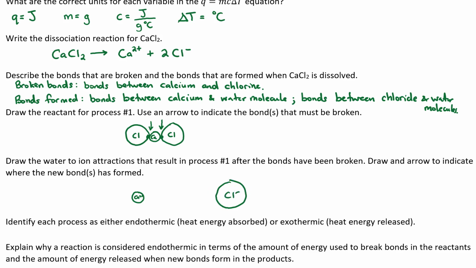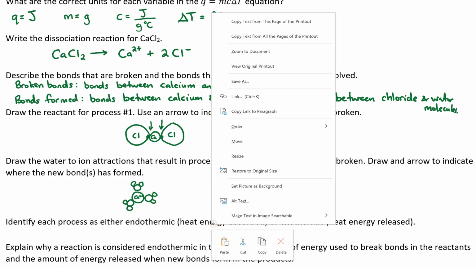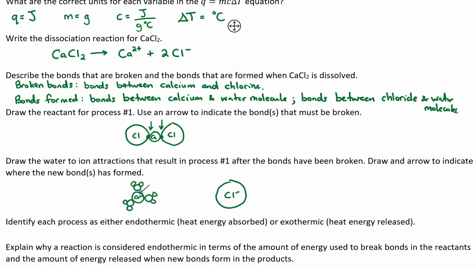Since calcium has a positive charge, we know the negative side of water, the oxygen side, will be facing the calcium ion. I'm just going to draw 3 water molecules here. There may be many surrounding it, but I'm just going to draw 3. And then the new bonds, y'all, can be found here, here, and here. The point where water is touching the ion.